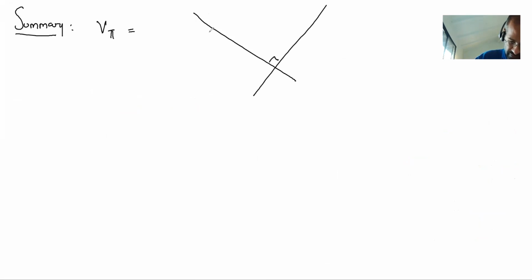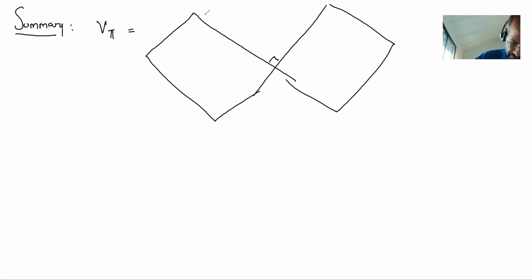Okay, so the summary is that this vector space V pi actually looks like two orthogonal subspaces, the even functions and the odd functions. And inside these subspaces, we have some interesting orthonormal sets.